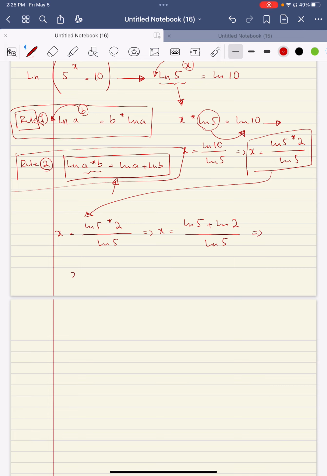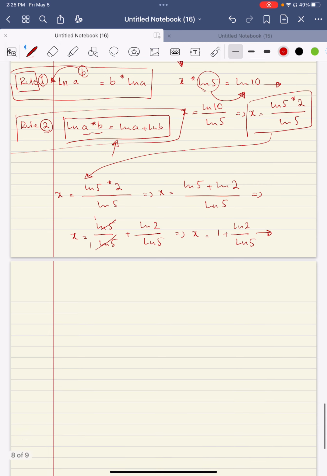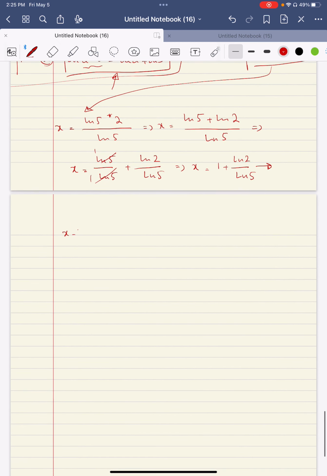So your x would be ln 5 over ln 5 plus ln 2 over ln 5. The ln 5s would cancel out each other, and you would have x equals 1 plus ln 2 over ln 5. Or you can write it as x minus 1 equals ln 2 over ln 5, right?